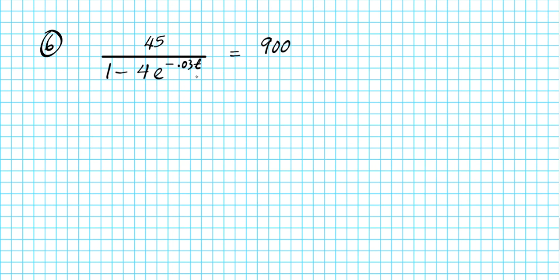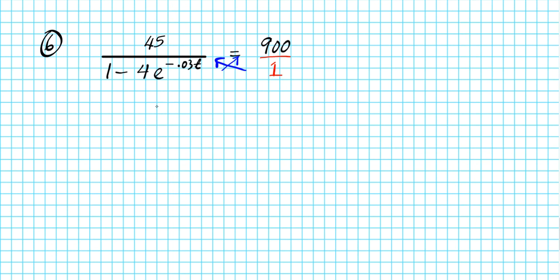Now we have a variable in the denominator, so that could pose a problem. Let's resolve that issue right now. I'm going to express 900 as a fraction, and to clear out the denominators, I will cross multiply the bottom left to the top right and the bottom right to the top left.